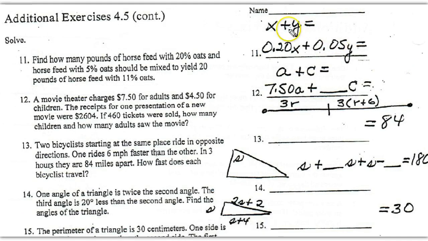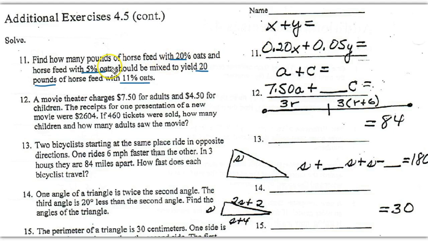Now I've seen one like this too in our text. So how many pounds of horse feed with 20% oats and horse feed with 5% oats should be mixed to yield 20 pounds of horse feed with 11% oats?